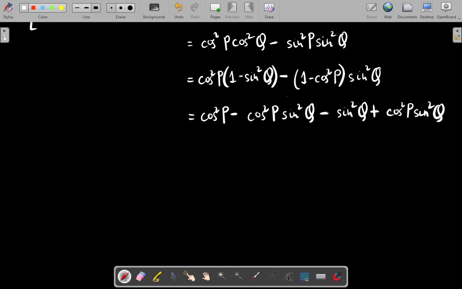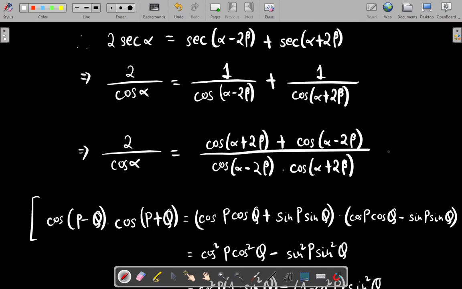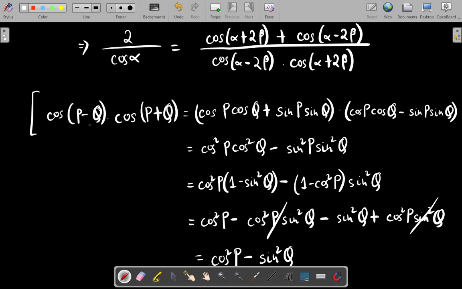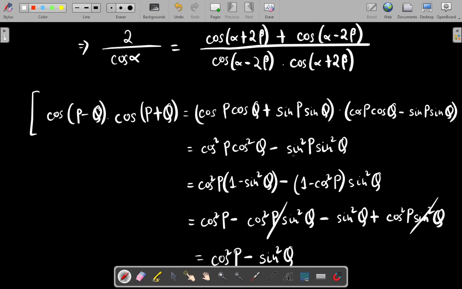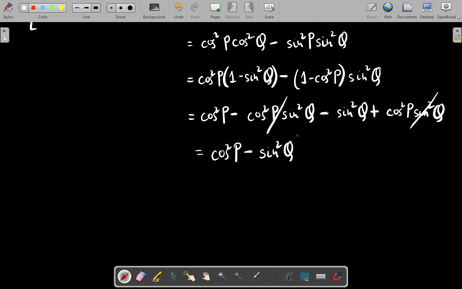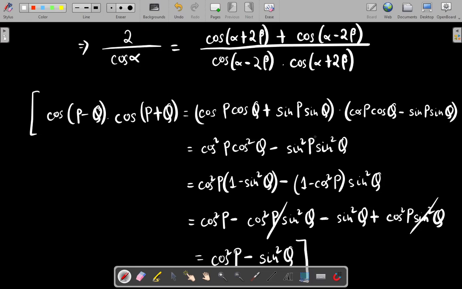These two terms cancel each other and this becomes cos square p minus sin square q. So this is the product that I'm going to use here: cos(p minus q) times cos(p plus q) is cos square of the first term minus sin square of the second term. If you know this formula you can apply it directly here.